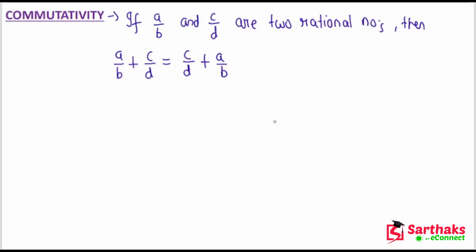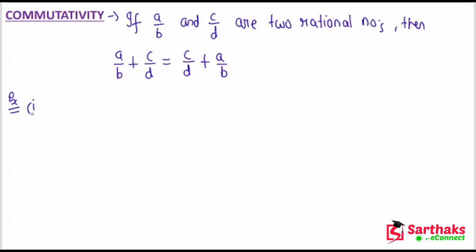That is, it does not matter in which order you add two rational numbers, they will always give the same result. Now let us verify this property, that is property of commutativity of rational numbers.